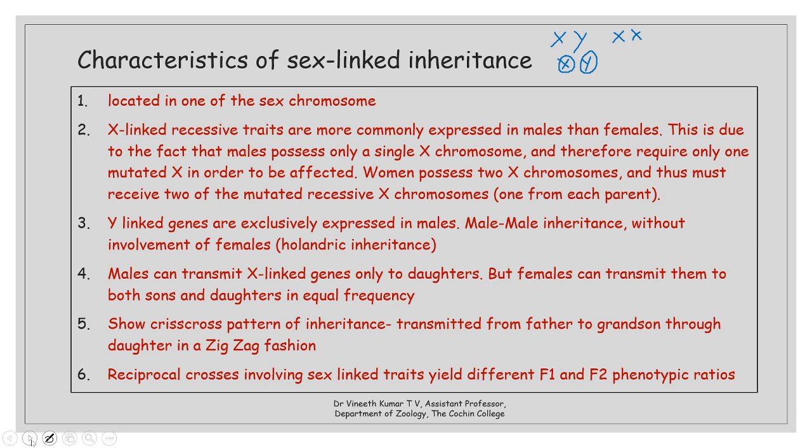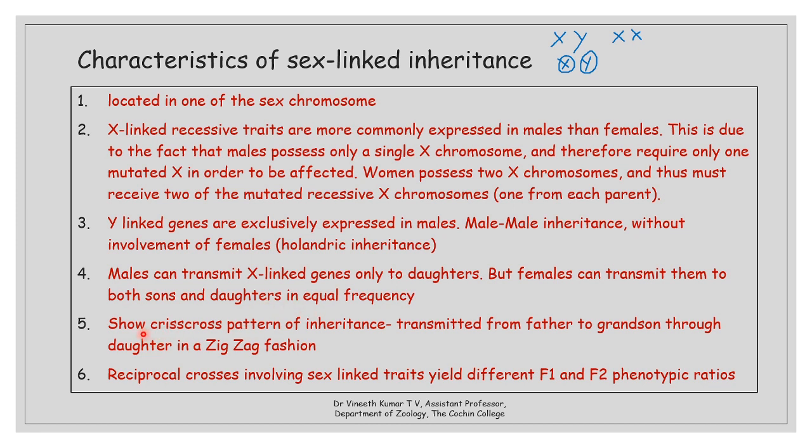And because of this particular pattern of inheritance, this is with regard to the X chromosome or X-linked genes. Males transmit the X-linked genes only to daughters, but females can transmit to both sons as well as daughters in equal frequency.